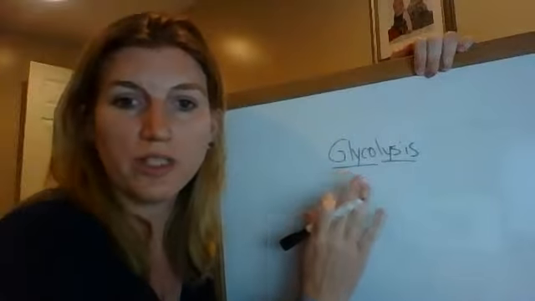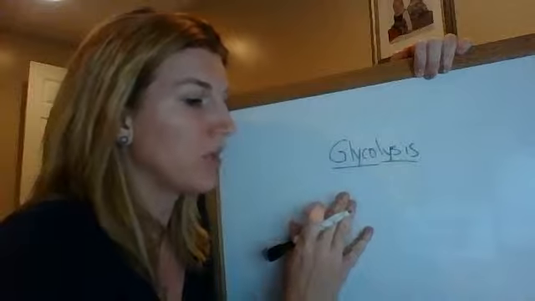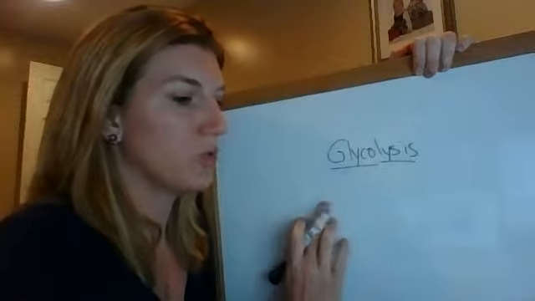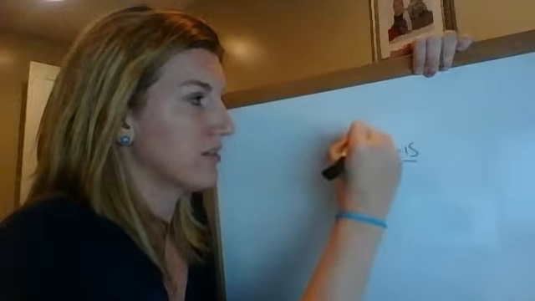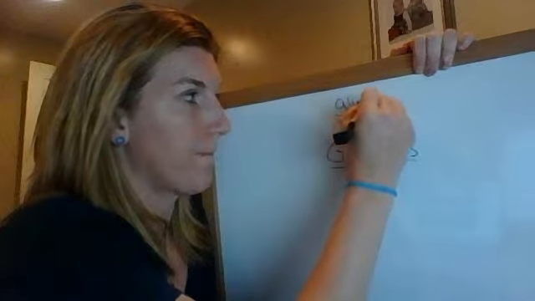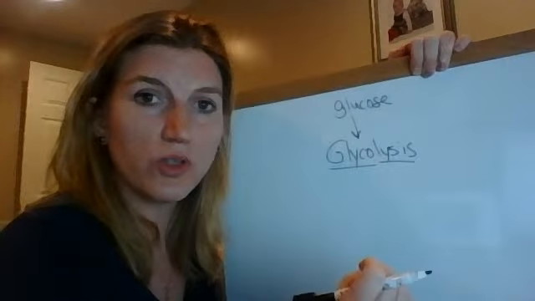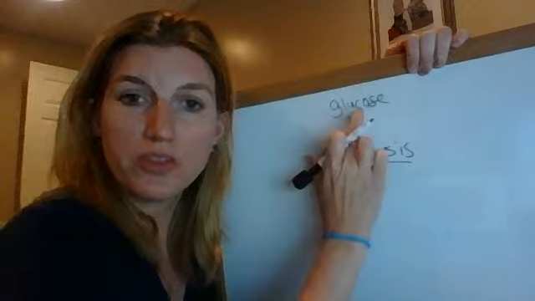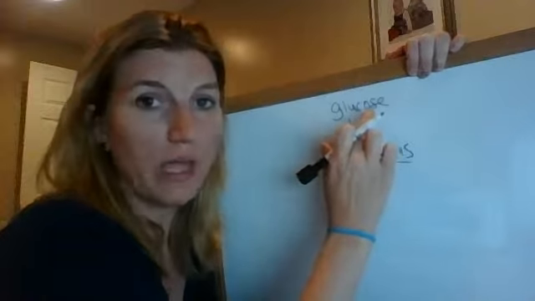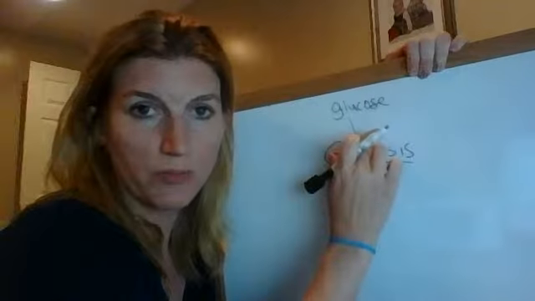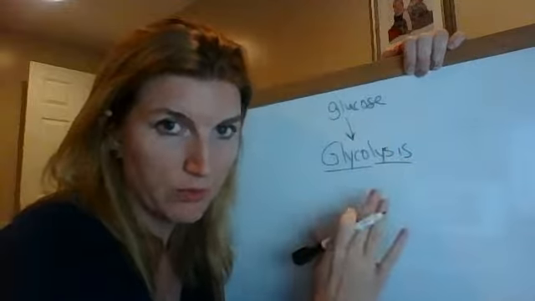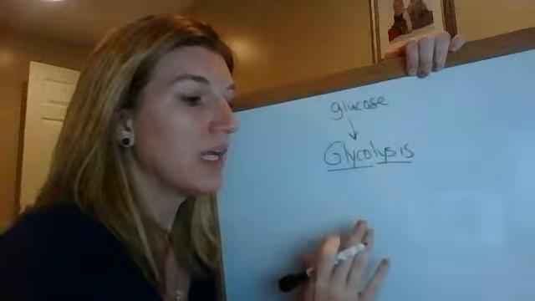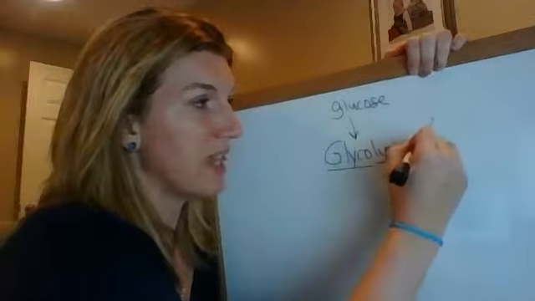So let's look at this word, and I'm going to make a graphic organizer for it. Going into glycolysis is glucose. As soon as glucose comes into the cell, this process starts. This glucose, of course, is coming from the food that you ate, broke down, and absorbed from your intestines. It floated around your blood and went to its destination. It also uses enzymes.